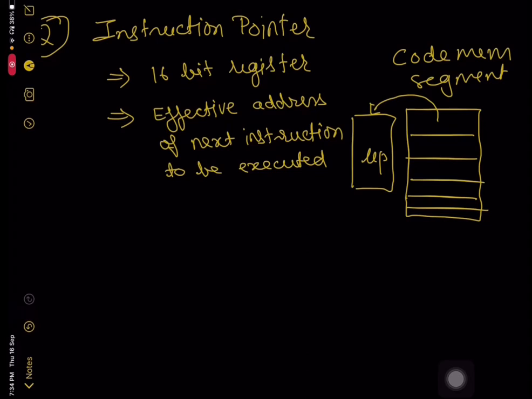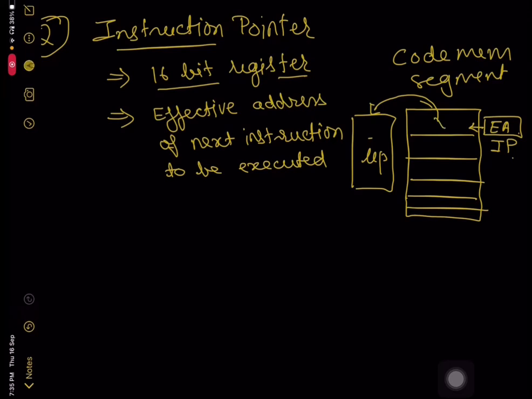When these instructions are brought into the microprocessor, the effective address corresponding to each instruction will be stored in the instruction pointer. So instruction pointer is another 16-bit register which stores the effective address of next instruction to be executed. Now when that instruction is brought into the microprocessor, the address in IP will be automatically incremented and it will carry the address of next instruction which is to be executed.